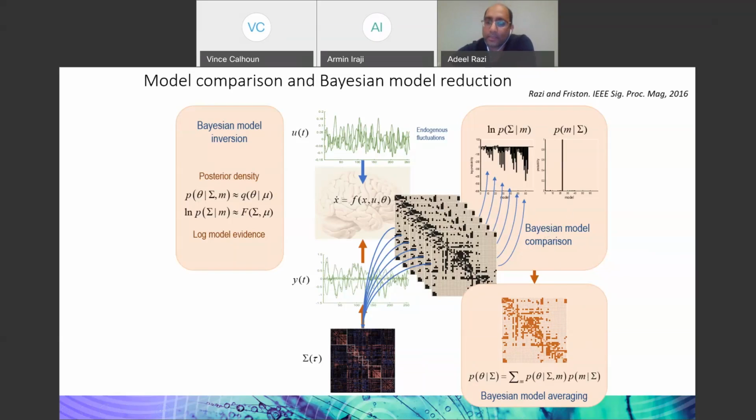So this is briefly the whole procedure of model inversion and model comparison, which rests upon free energy minimization and model evidence, where the free energy is the lower bound of model evidence. So this is the whole framework of solving the connectivity reconstruction problem that I initially showed, and this framework is what we call dynamic causal modeling.